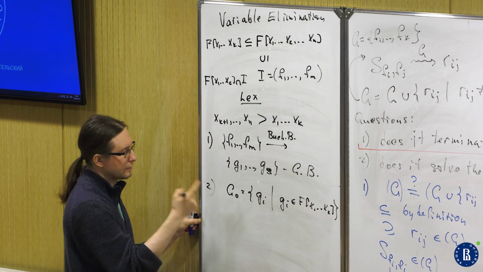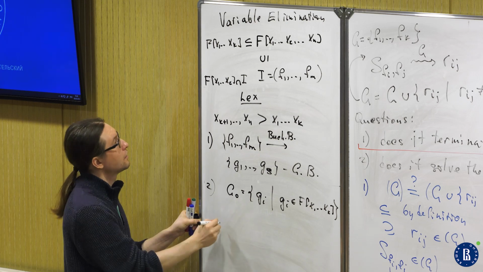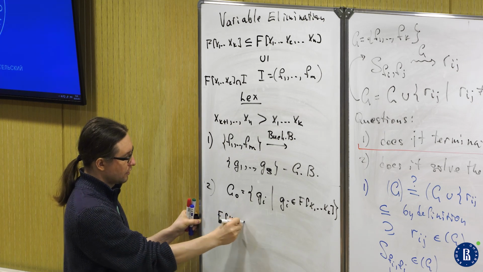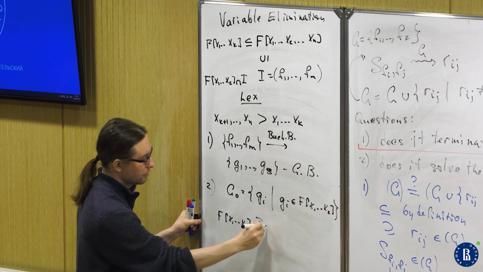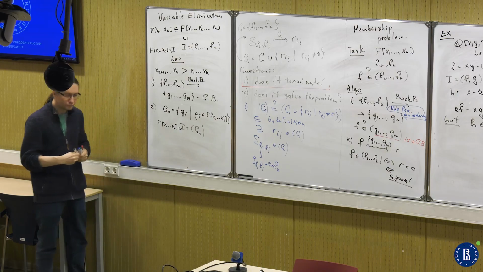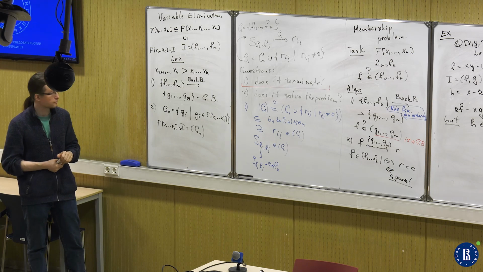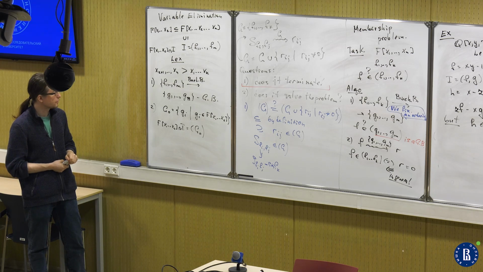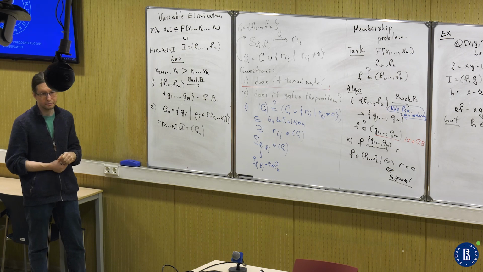Now, the claim is, the answer is the following. The intersection is generated by g0. So this is how to solve this task.